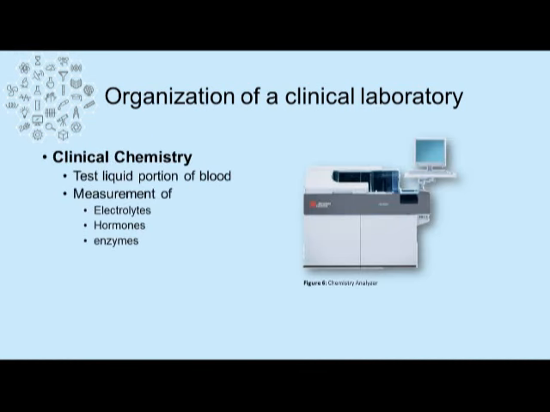The first department we're going to talk about in the clinical lab is clinical chemistry. Clinical chemistry tests the liquid portion of your blood and measures things such as electrolytes, hormones, or enzymes in your blood.